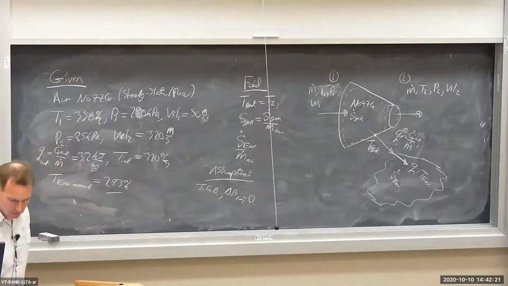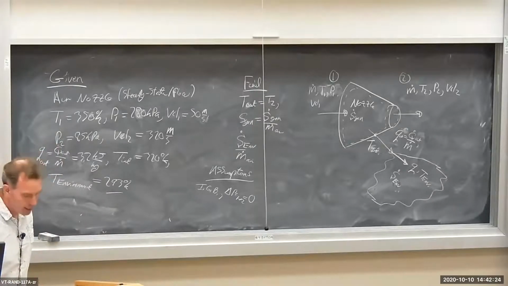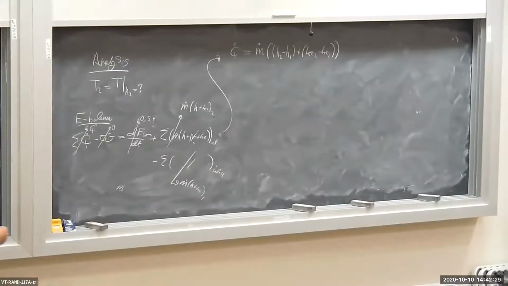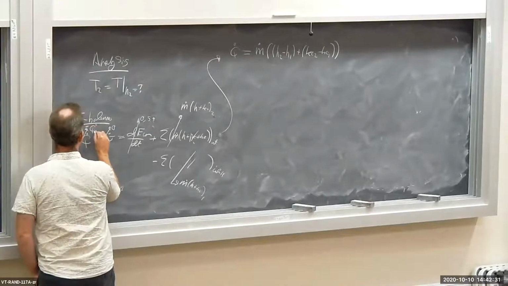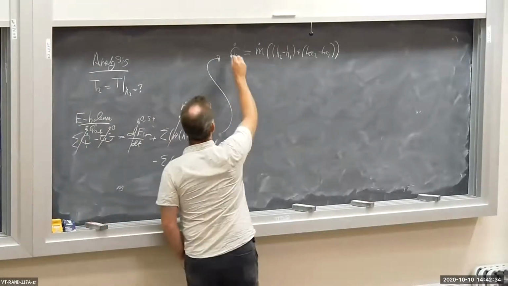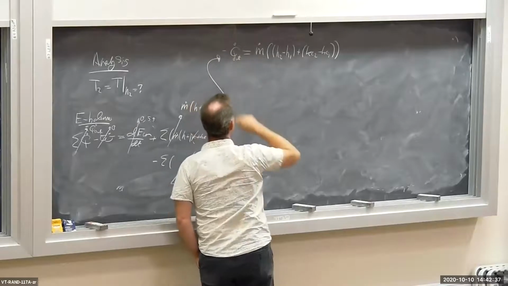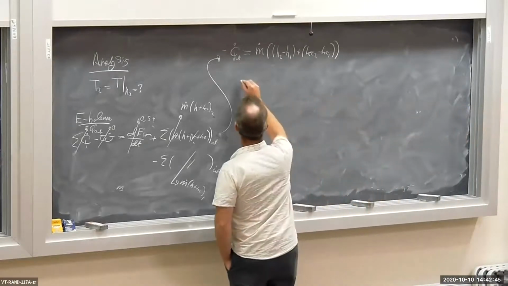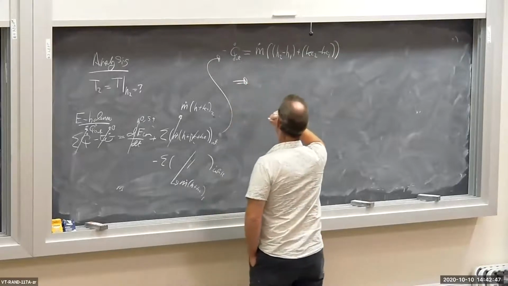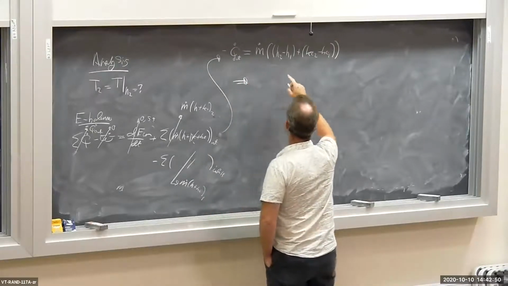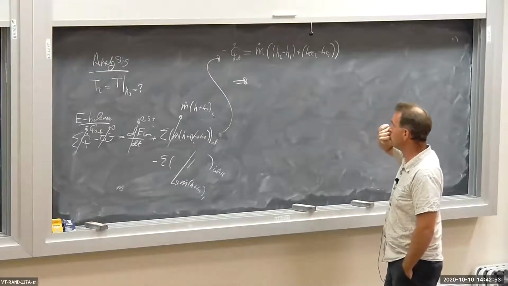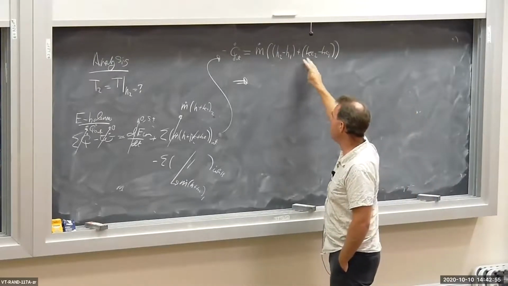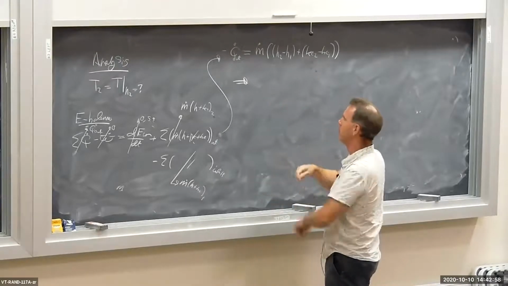So I will make the substitution in the energy balance. I don't know Q dot or m dot, but I do know everything on a per unit mass basis. So let me change this to negative Q dot out. I'm going to divide by m dot and solve for H2. I'll put everything else but the H2 term on the other side of the equation and flip the whole equation.